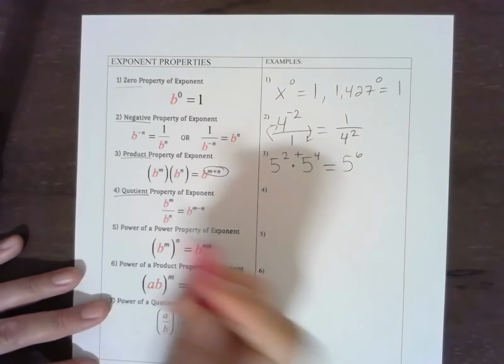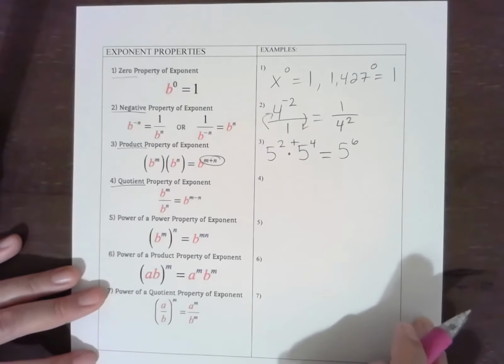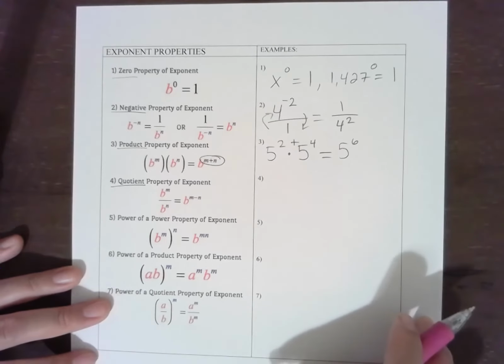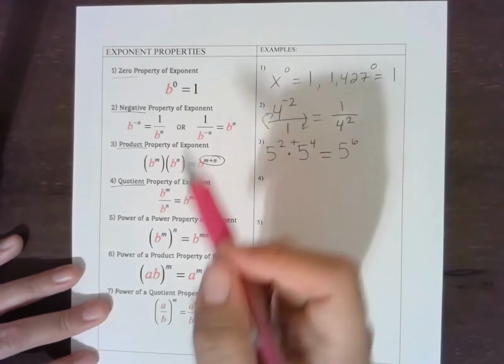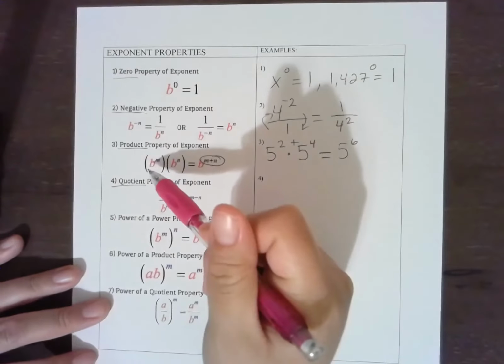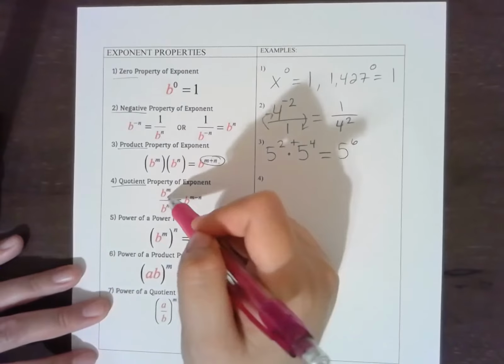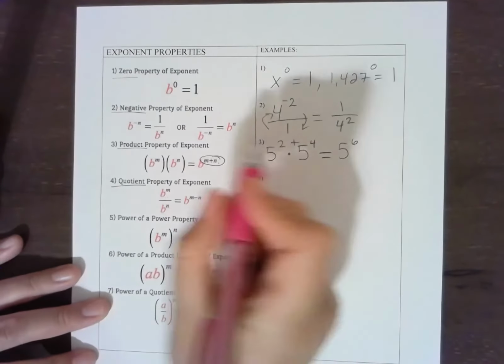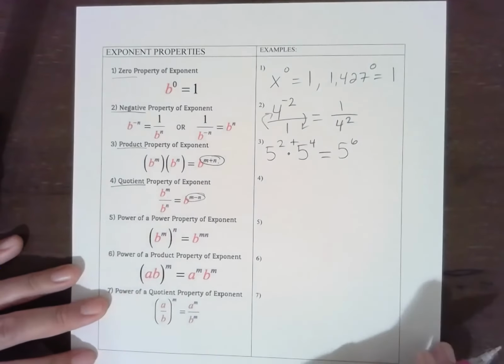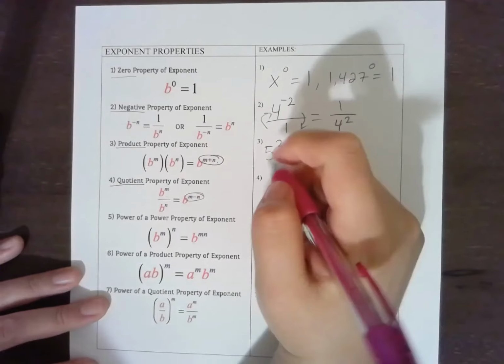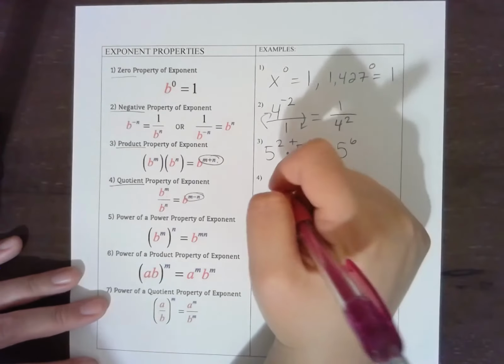Now we have the quotient property, and the quotient means division, in case you don't remember what quotient means. Now, when we multiplied two bases, we added the exponents. Guess what? When we're dividing these bases, we're going to subtract the exponents, okay? So first off, we have to make sure we have the same base.